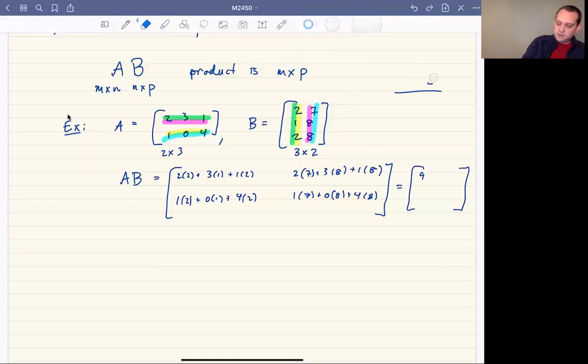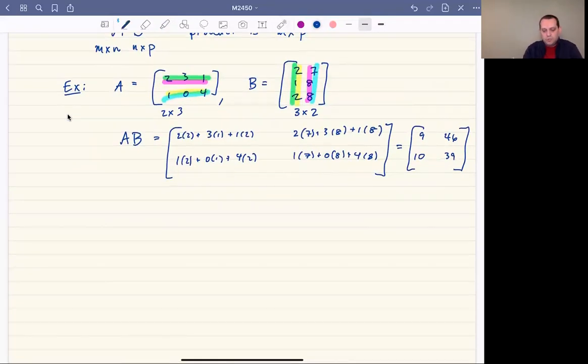Okay, let's destroy the evidence there. 46. This one I can do. 2 plus 0 plus 8 is 10. And then let's see, we get 7 plus 32 is 39. All right, so that's A times B.